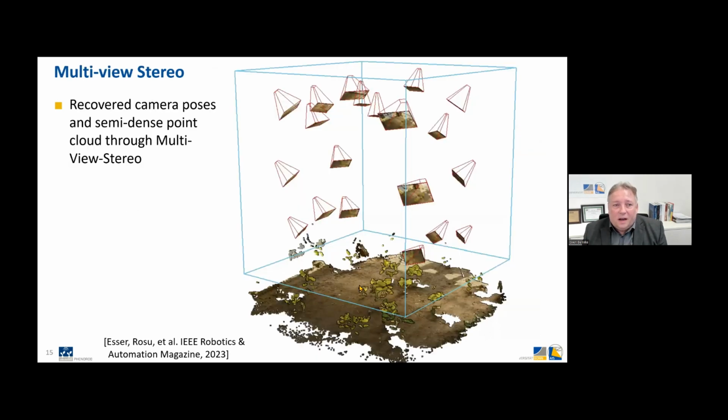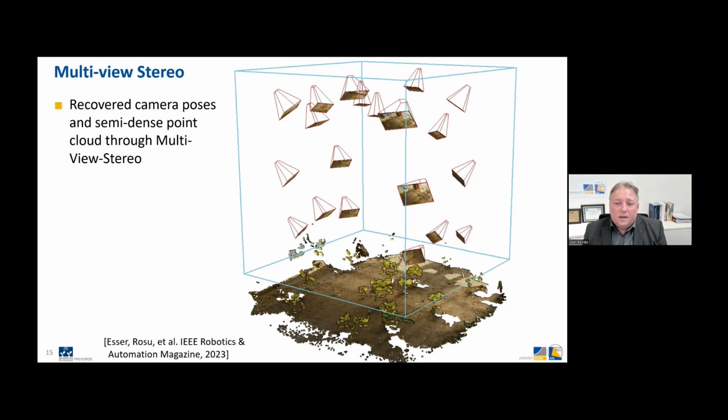And we can apply this finding correspondences and triangulation game in order to estimate camera parameters, including lens parameters and where the camera pose is. So where is the camera, in which direction is it looking? And we can recover a semi-dense 3D representation of the scene.